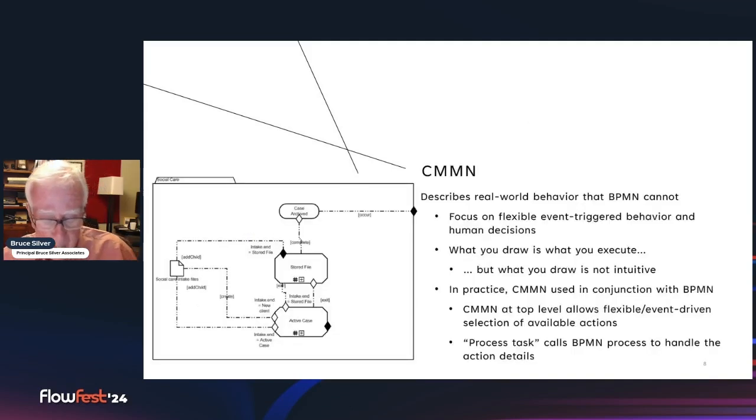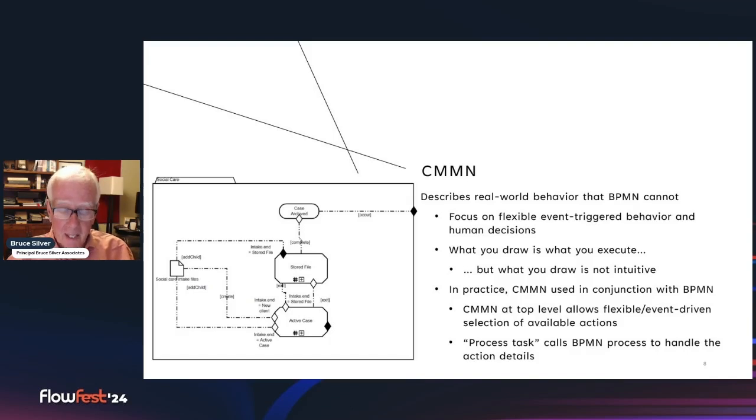Okay, so CMMN. CMMN was created to handle those processes that BPMN cannot. It focuses on a key difference from BPMN, in particular, work taking an unpredictable path over its lifetime, emphasizing event-triggered behavior and ad hoc decisions by knowledge workers.